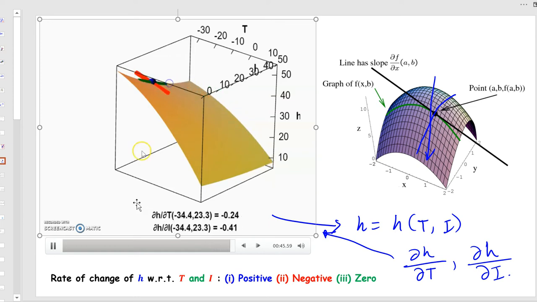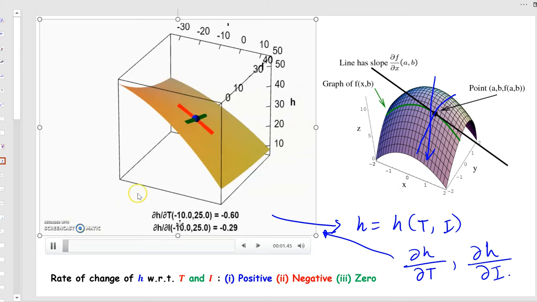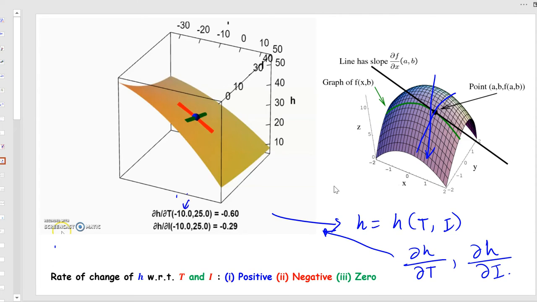X and Y constantly change, and due to this change the rate of change also changes. This is our x value, this is our y value. These values are changing at the same time, and the partial derivative at that particular point also changes.